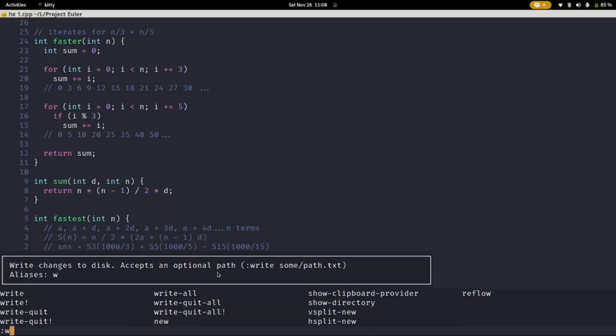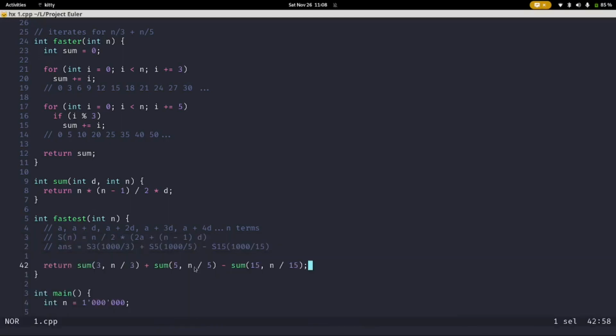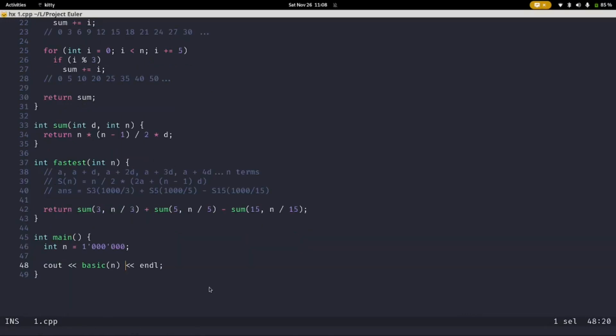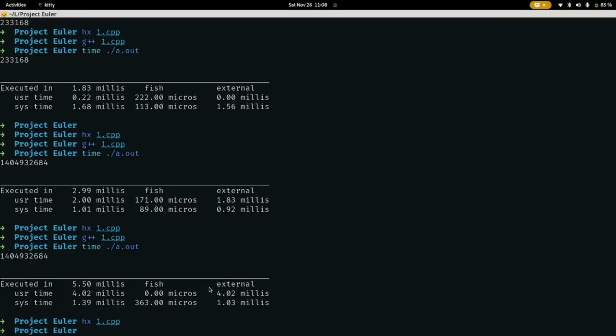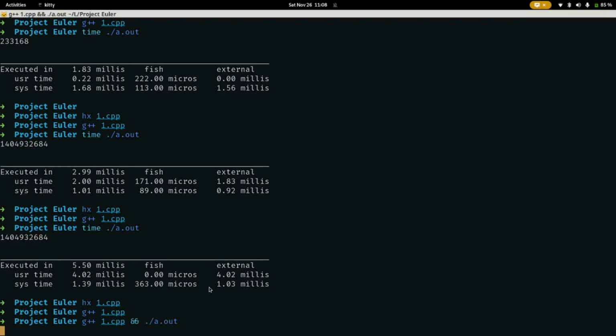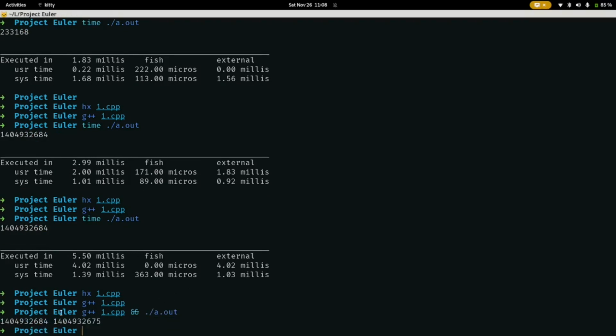So that's our sum. Here I'll just write it next to that, so that we can compare those two values and see if they're correct. Oops, okay, compiling it again.